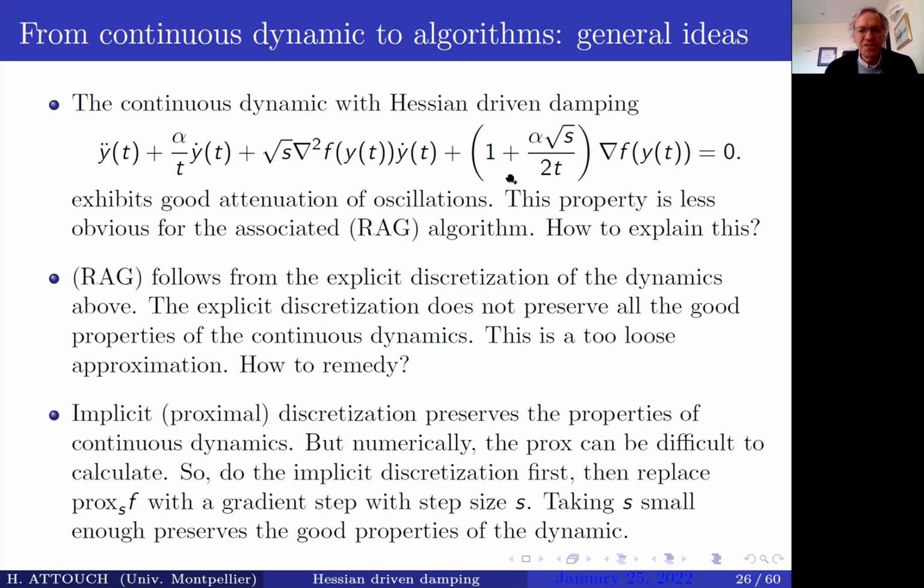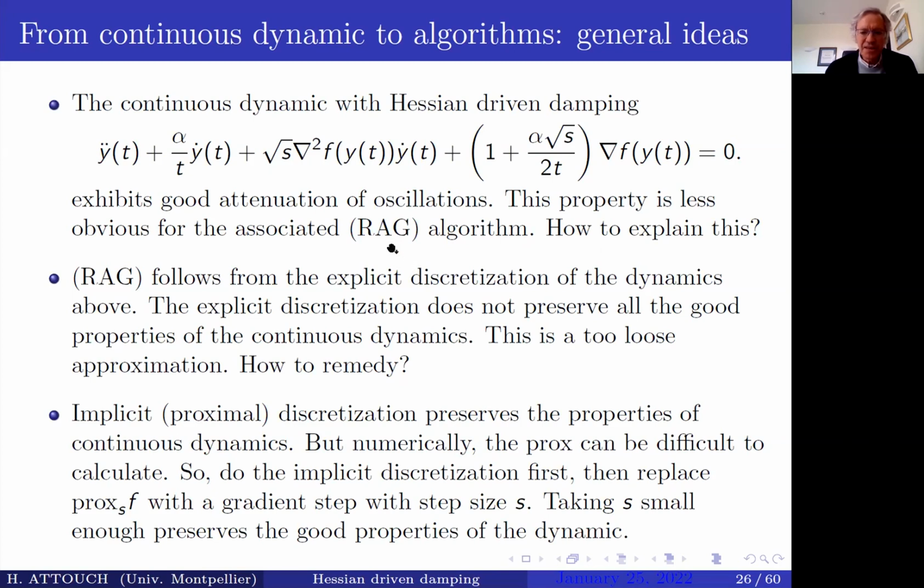And this continuous dynamic exhibits good attenuation of oscillation. Oscillation really plays a fundamental role. But the problem is that this property is less obvious for the associated algorithm. When you do the high resolution ODE of the Ravine method, we obtain this dynamical system. But we do not have the same nice property for the algorithm as for the continuous dynamical system. So how to explain this?